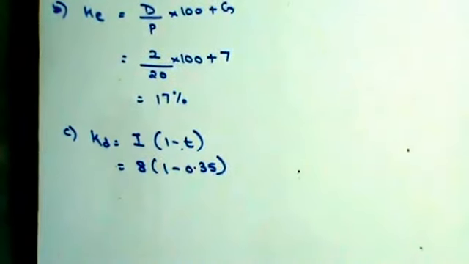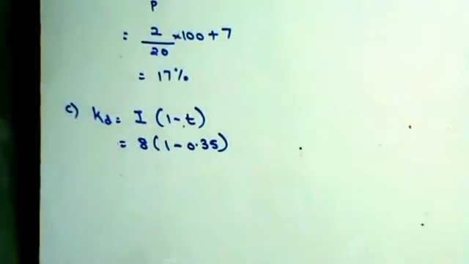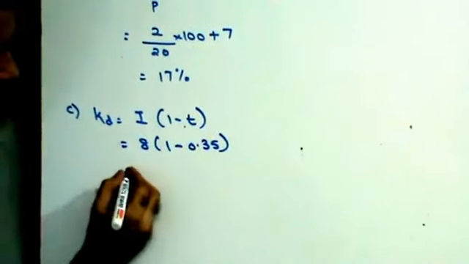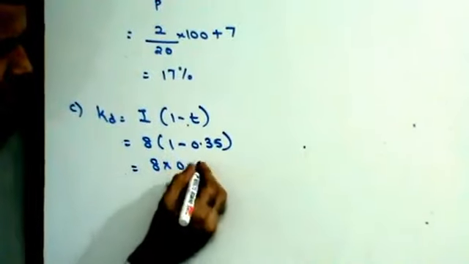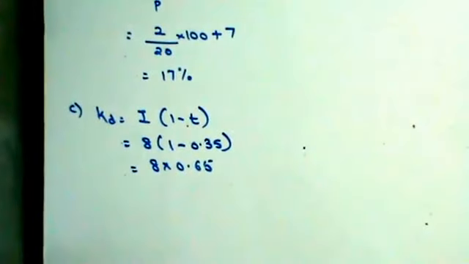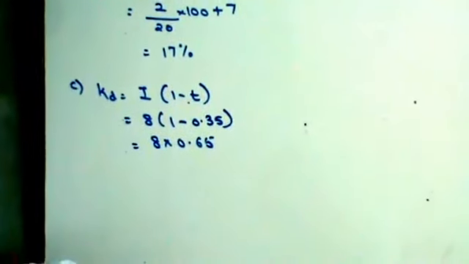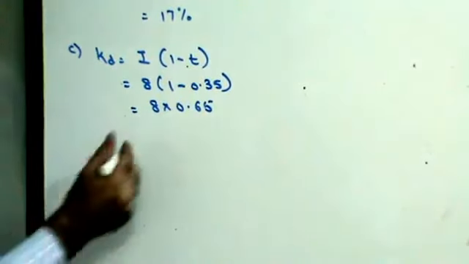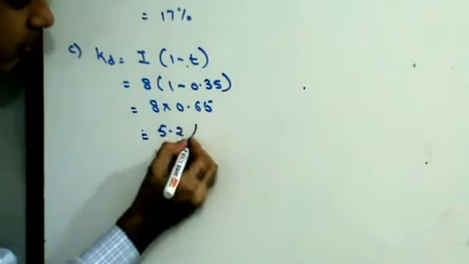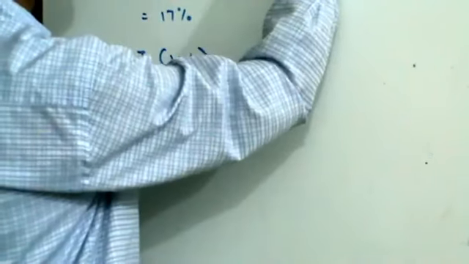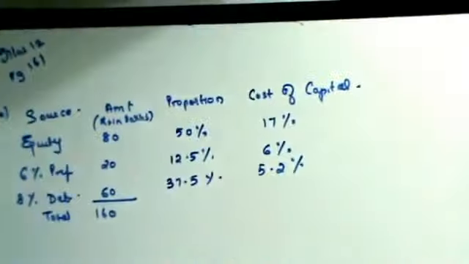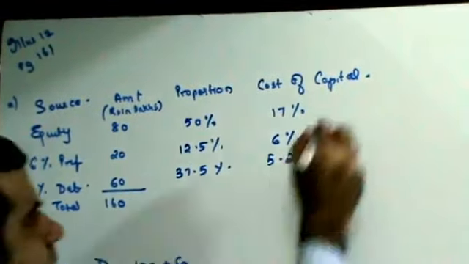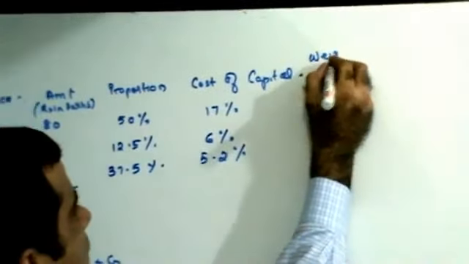How 0.35? 35% is 35 upon 100. That's how 0.35. So this will be 8 into 0.65. When you multiply this, this should work out to 5.2%. So this is going to be 5.2%.